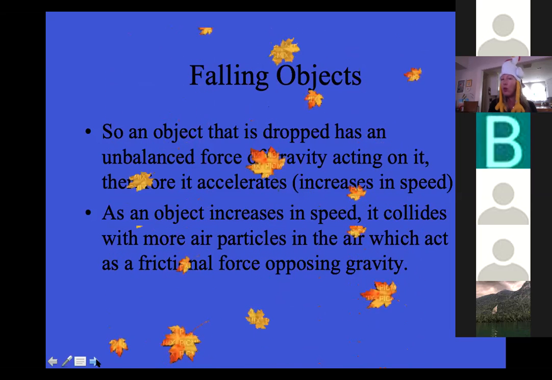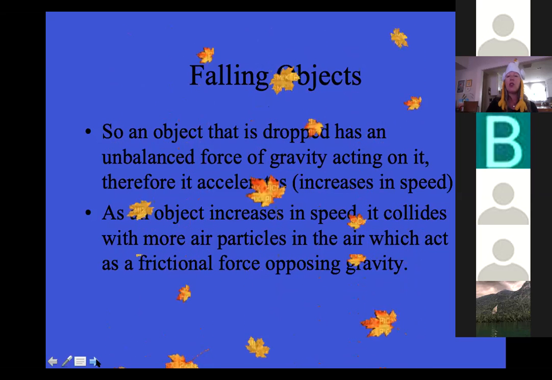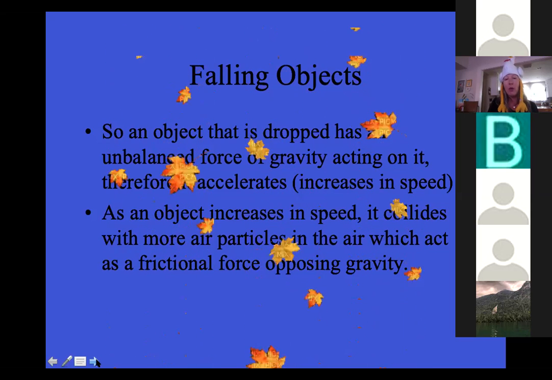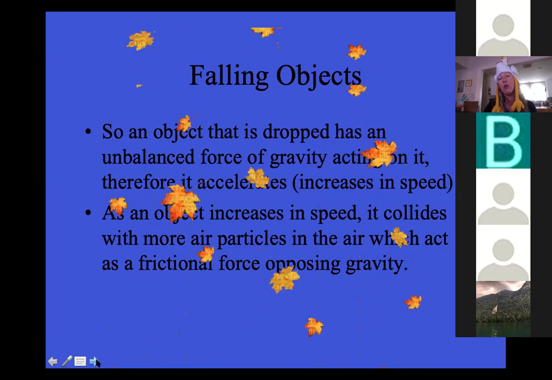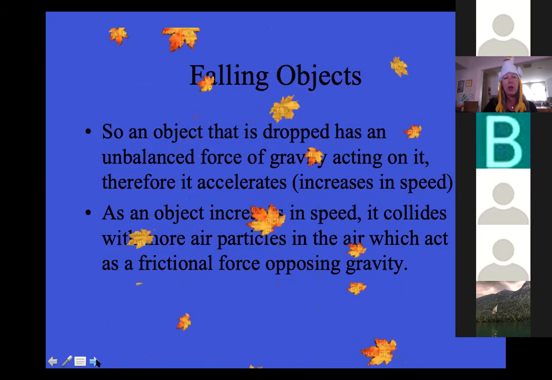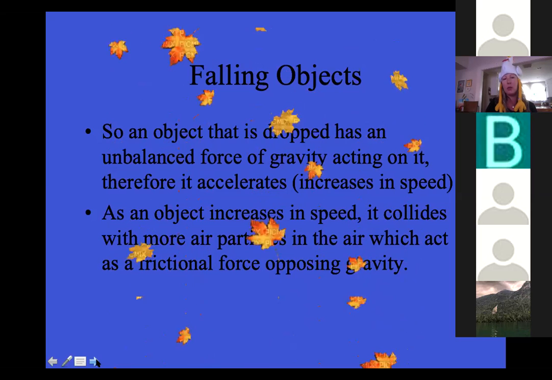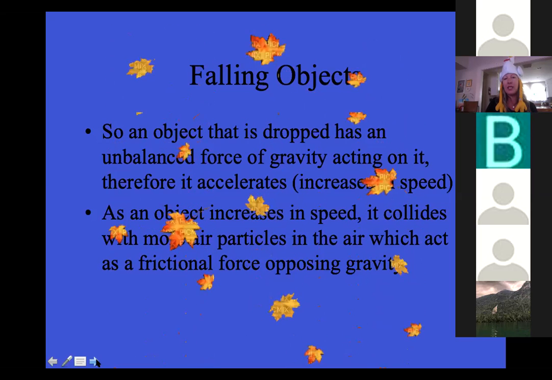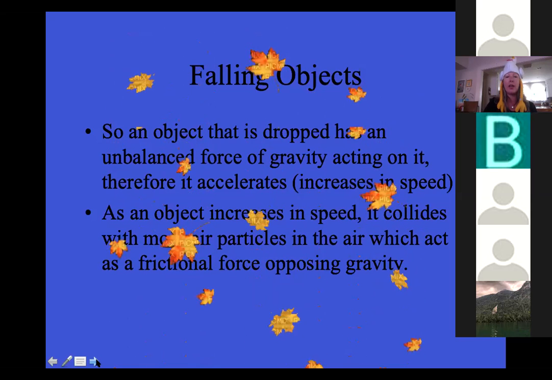According to Newton, it's going to accelerate. That means change in speed, right? Accelerate means either increase or decrease speed or change direction. But in this case, I think we'd all agree that the object is going to increase in speed when gravity is acting on it.